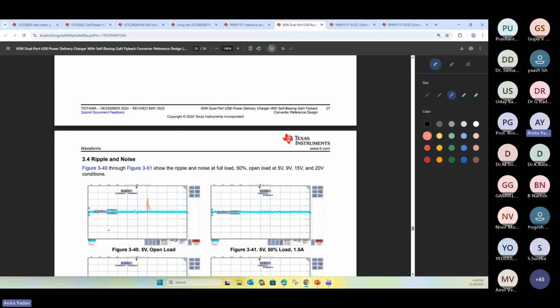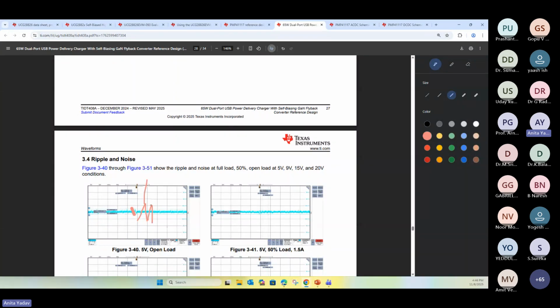Okay, let me redraw. So what happens when it comes like this is that after this, you will see a lot of spikes.